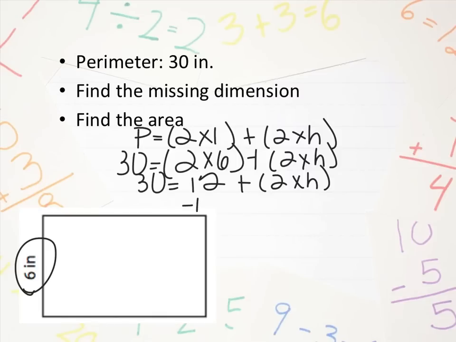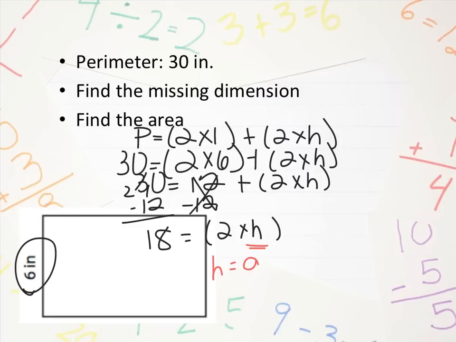If I subtract that from both sides, I'm left with 18 because 30 minus 12 is 18, and that's what's going to equal 2 times the height. Using my multiplication knowledge now, I can say 2 times what is 18, and that what is 9, so my missing length is 9 inches.